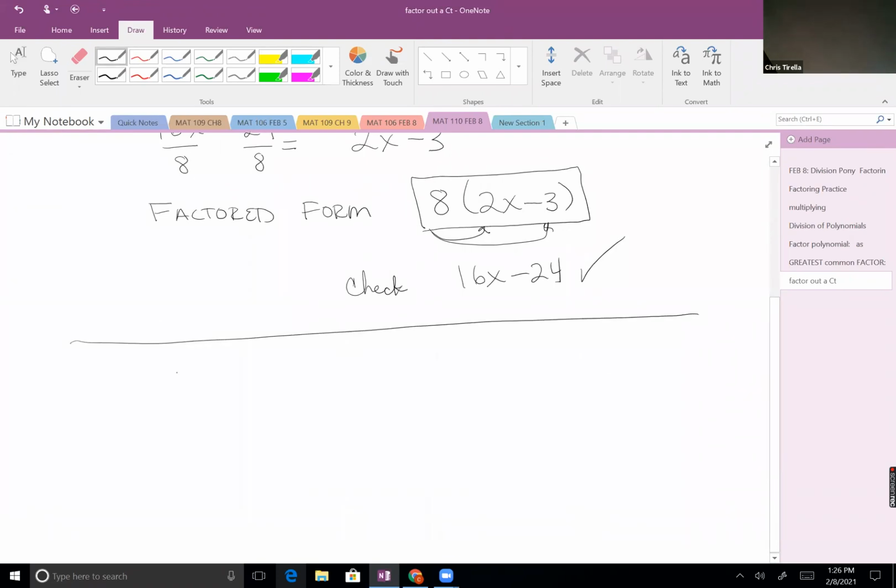Next example, let's look at 9x to the 4th minus 18x to the 3rd plus 27x squared.